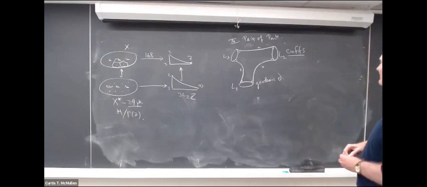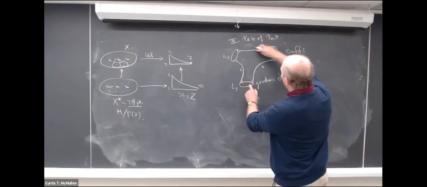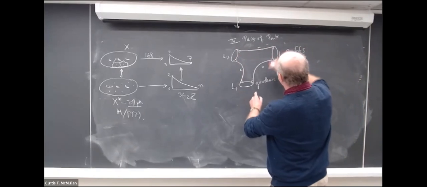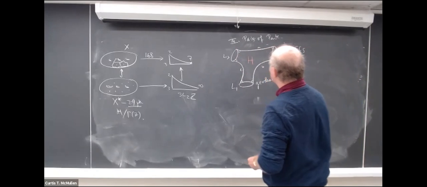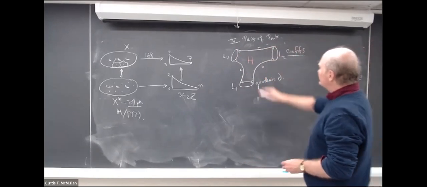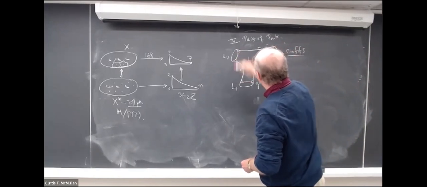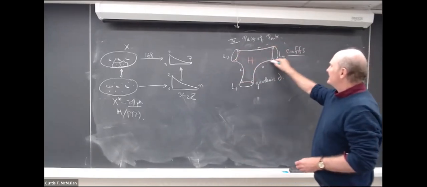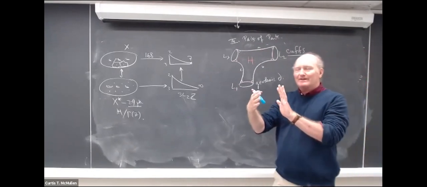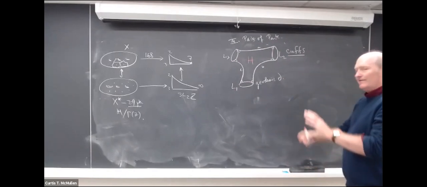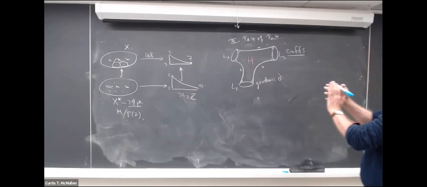So if a pair of pants with 3 cuffs of various geodesic lengths, if I cut along these three geodesics that join the cuffs, what I'm left with is a hyperbolic hexagon. This is just a six-sided figure with sides alternating between the cuffs and these geodesics A, B, and C. On the back, I have another hyperbolic hexagon. Well, if I had two copies of this hyperbolic hexagon, I could just glue them back to back and I'd get a pair of pants.